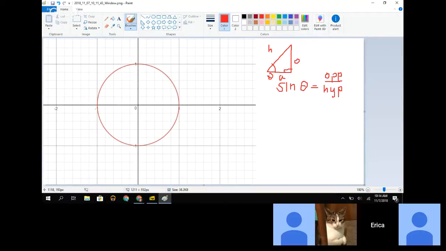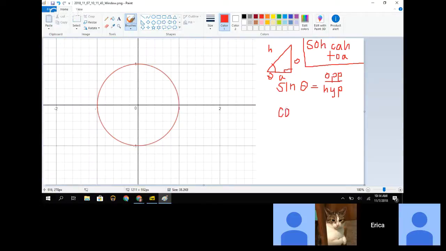So this is the acronym SOHCAHTOA. SOHCAHTOA helps you remember sine, cosine, and tangent. So this is kind of a review back to that, okay? So sine is the opposite over the hypotenuse, right?